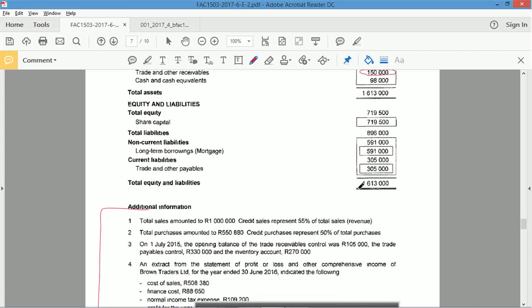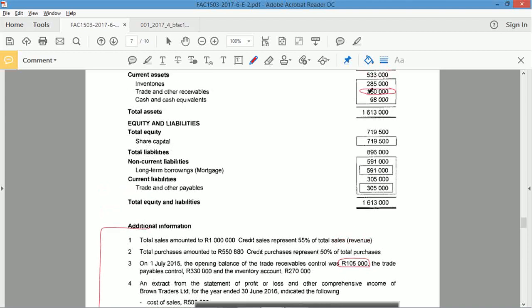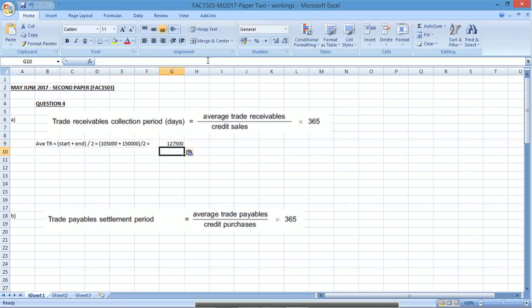150, and I'm looking for the beginning of the year. Purchases, sales, opening balances of trade receivables control. There it is. Opening balance 105 plus 150, divided by 2, equals 127,500. Then I need my credit sales.